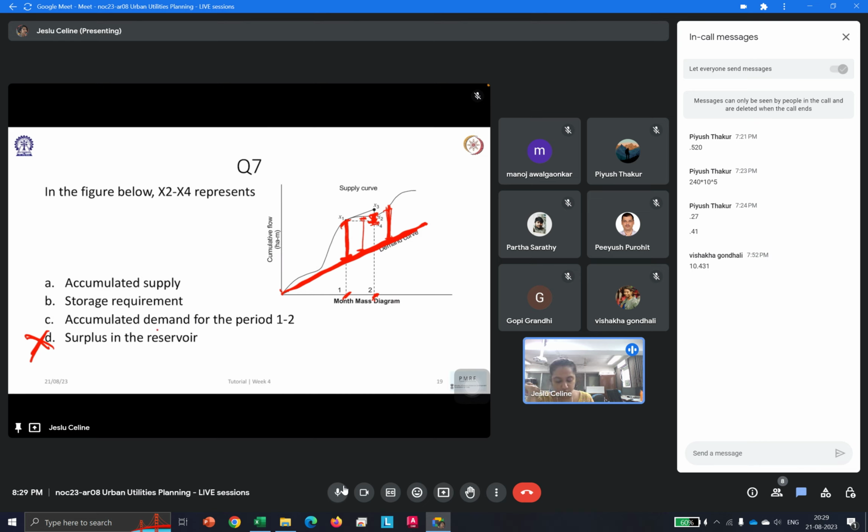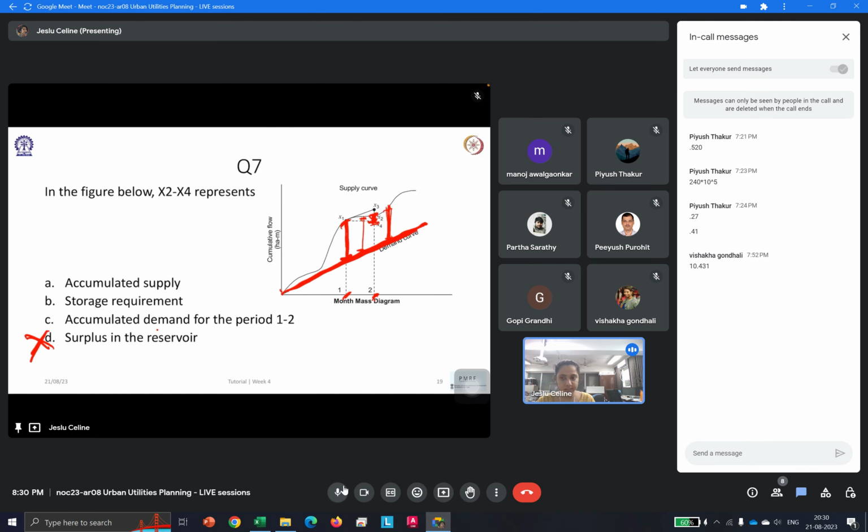Is it the accumulated demand for period 1 to 2? I think no, ma'am. Why do you feel it's not? Ma'am, it falls under second one, so it doesn't come between 1 and 2. Correct, yeah.